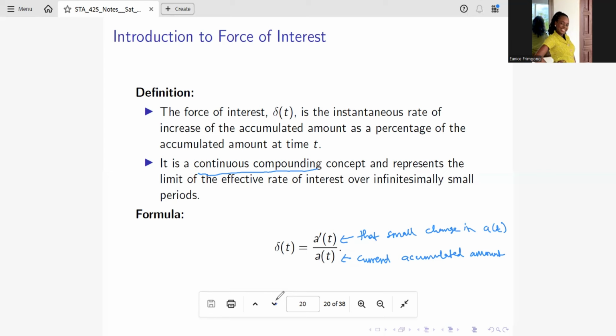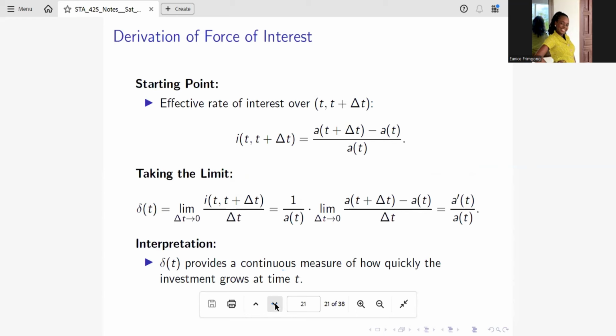The general formula for force of interest calculation is this: delta t equals the first derivative of the accumulated function, or in this case, the accumulated amount, all over the current accumulated amount. We are using A(t) to represent the accumulated amount instead of capital A(t) because we are assuming that the principal invested is just one. So we want to look at the derivation, how to derive the force of interest.